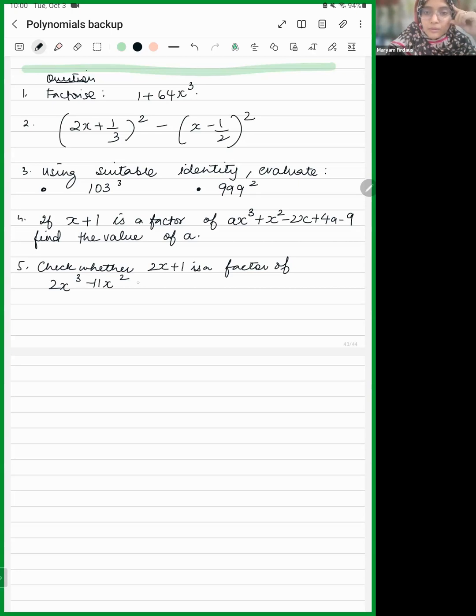Thank you. 11x square minus 4x plus 5. Find the zeros of the polynomial.